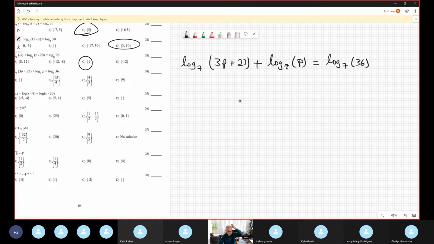Exactly the same. We're condensing the left-hand side using property number 5, which allows us to condense several logarithms, not necessarily two. If you have 20 logarithms, you condense in only one. A multiplication p times 3p plus 23 inside the argument of the logarithm is equal to logarithm base 7 of 36.